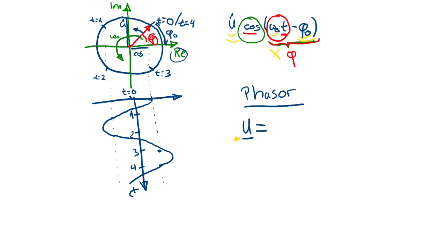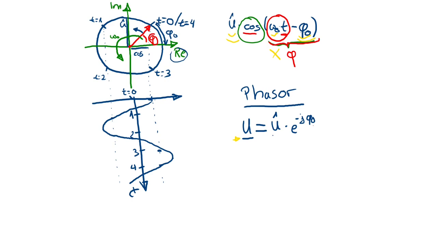And our complex number consists of the amplitude and the phase, which is the argument of the complex number. So this phasor is a complex number in polar notation, with the amplitude here as the absolute value, and the argument is the phase.